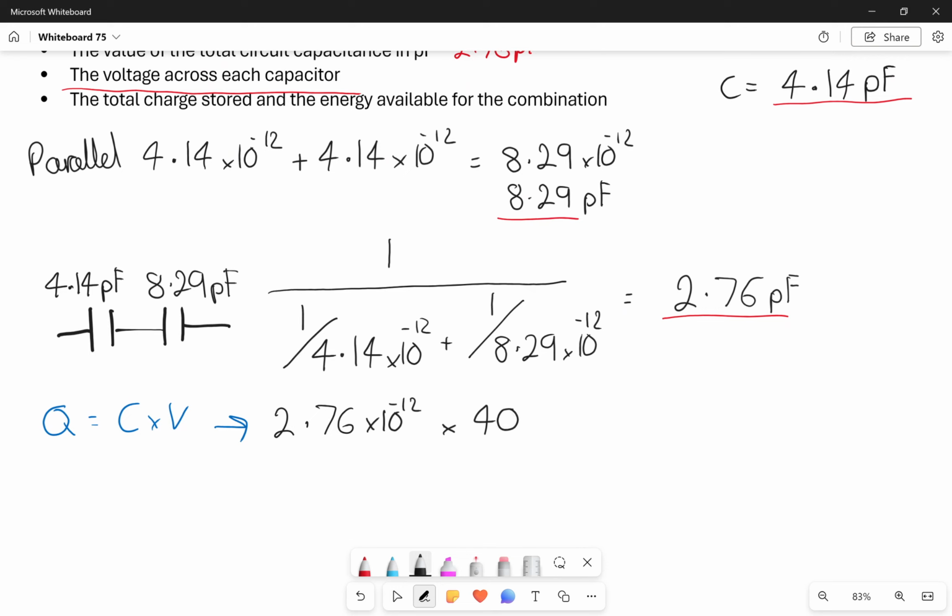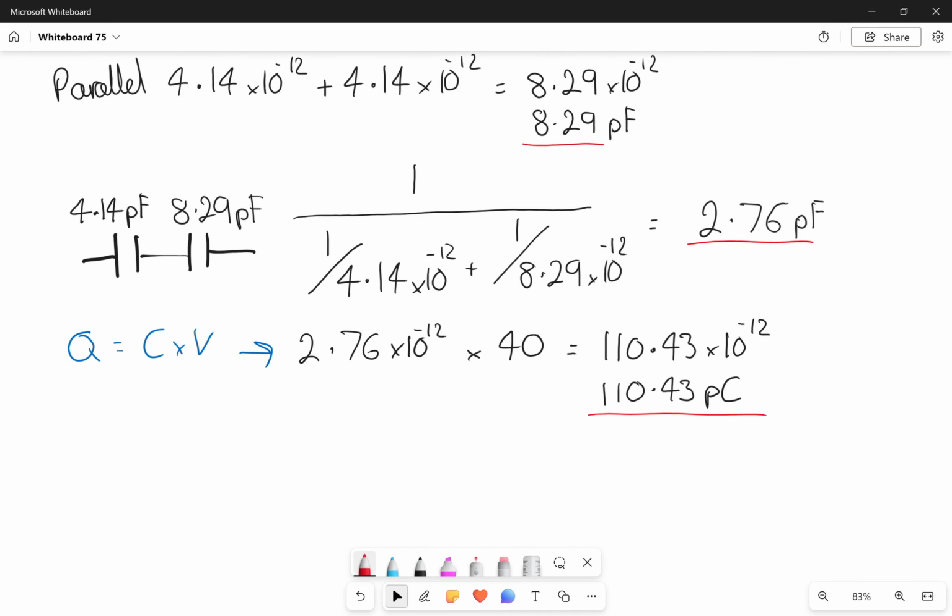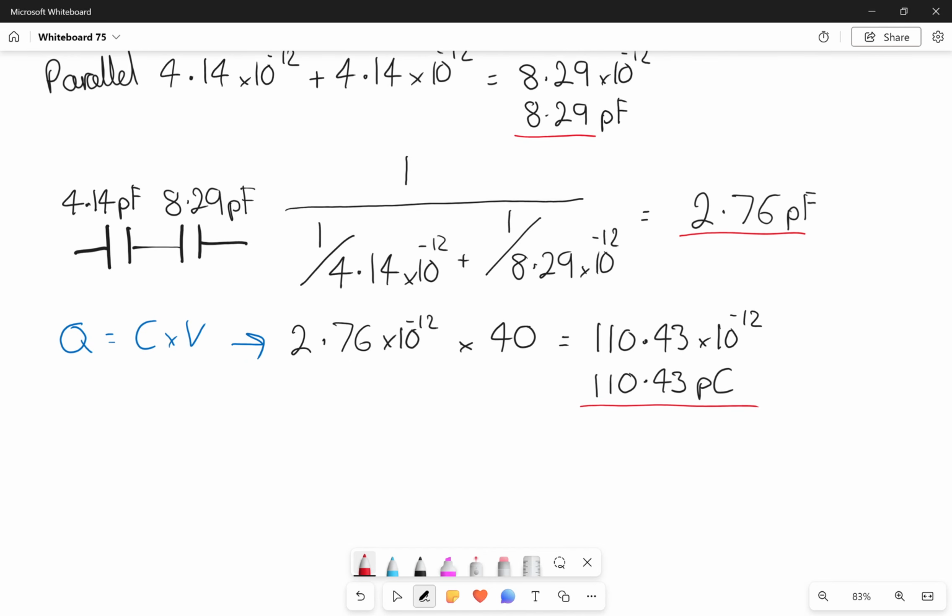When you put that in your calculator, you should come out with roughly about 110.43. Again, rounding might be different, and that's still pico, so times 10 to the minus 12, and charge is measured in coulombs. So we can put this as picocoulombs, little p, big C. So that is our total charge, our Q value for this circuit.